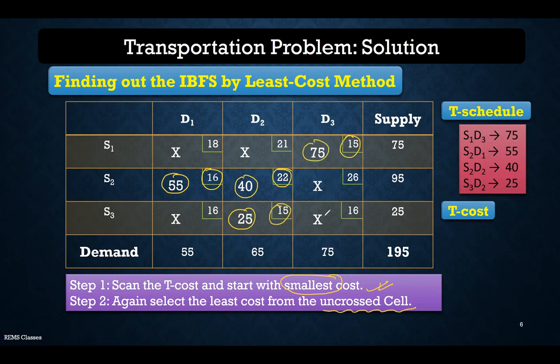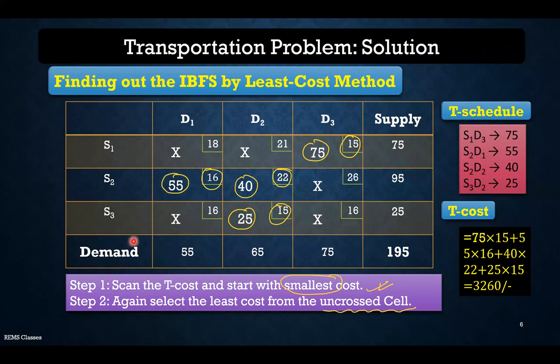By multiplying these values, we get the initial feasible solution of the transportation cost as 3,260 by making use of the least cost method.